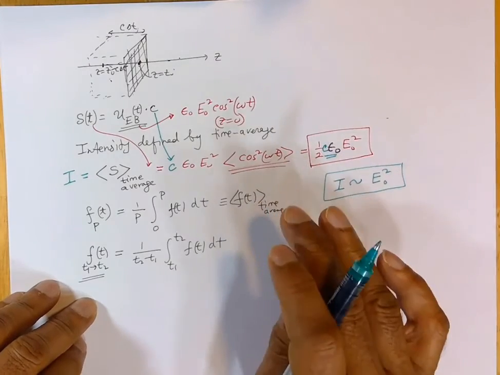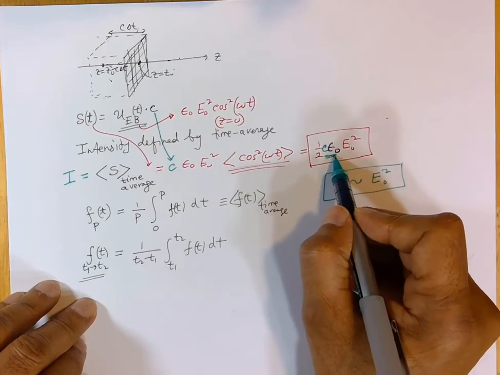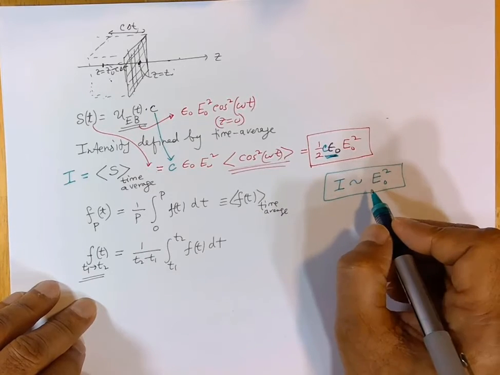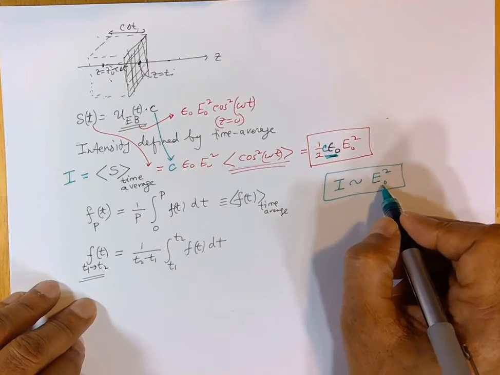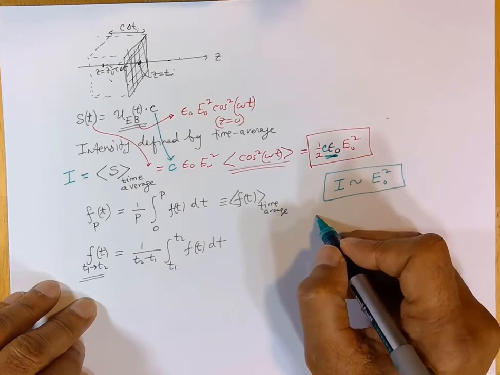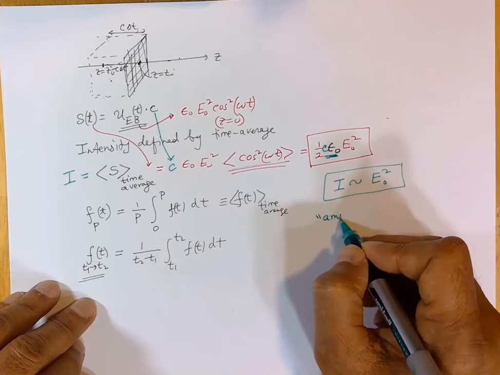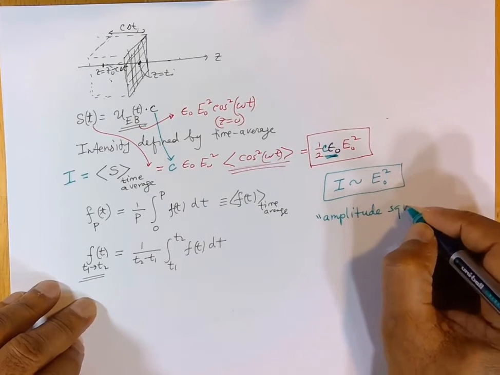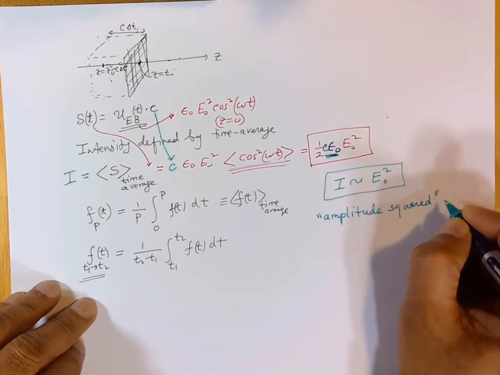So it's important in a lot of places, but we say that the amplitude squared is what gives you intensity. So this is an often spoken rule: amplitude squared.